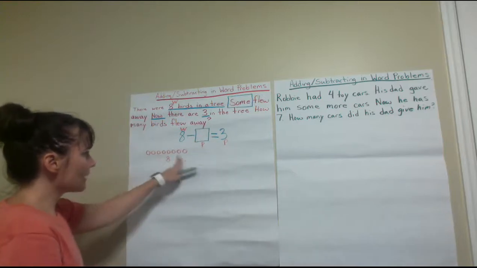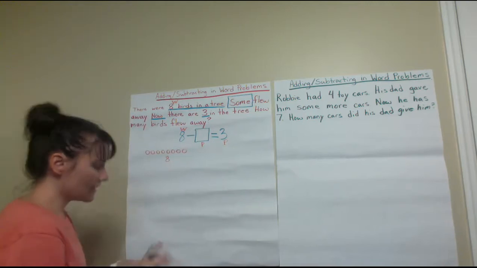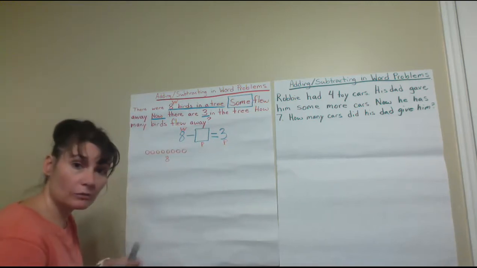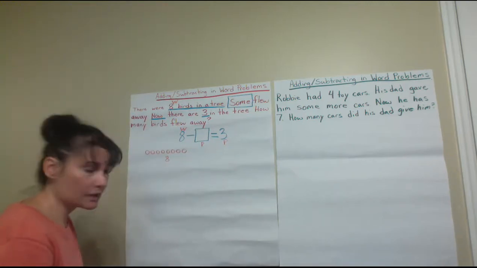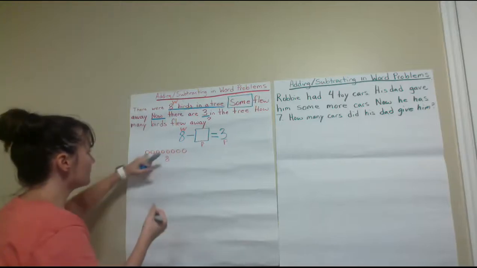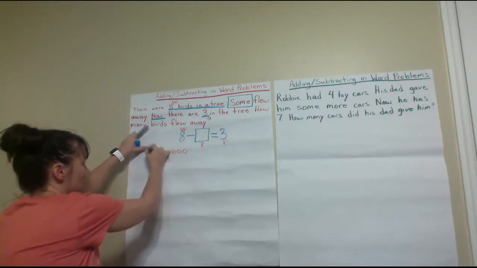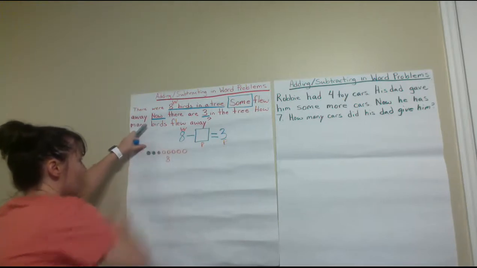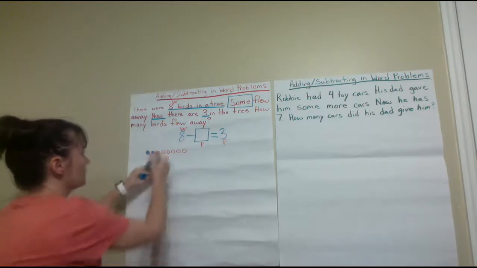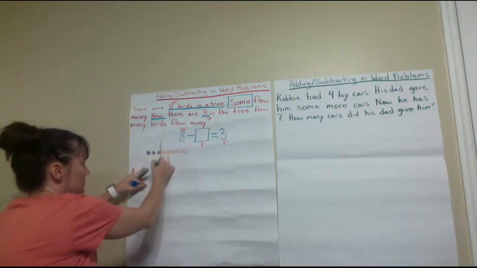So I know there were 8, and I know I'm going to end with 3. So let's think. If I know that these are the 3 that I'm going to end with, I'm going to go ahead and color those in. I could also draw my line.